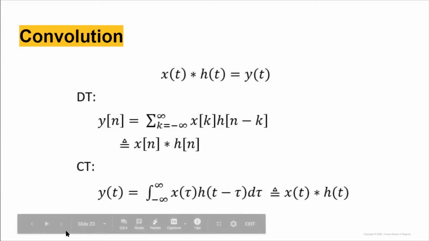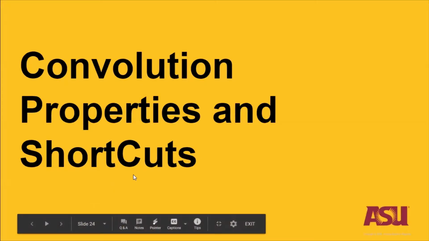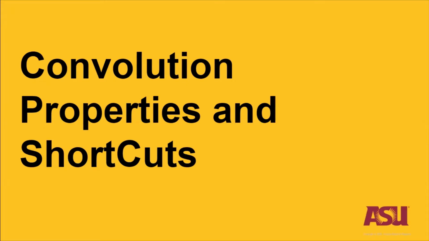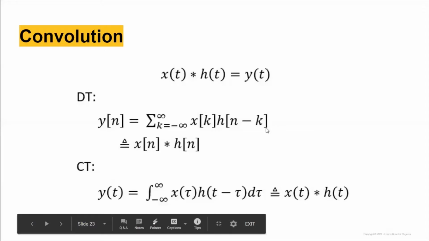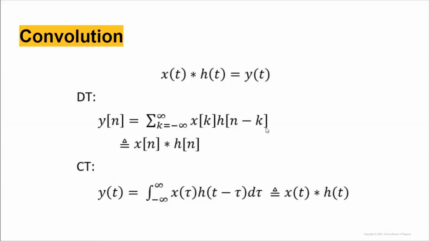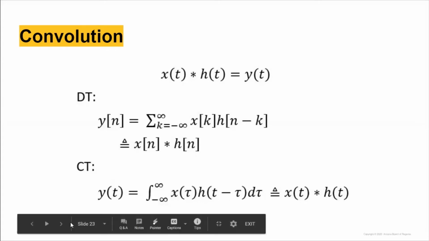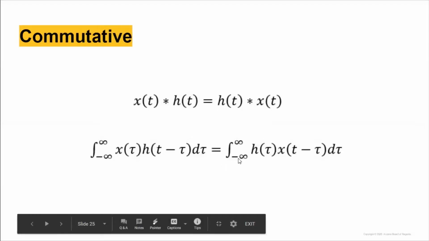Now, I'm not going to go over any harder examples, but I am going to teach some shortcuts. You can always solve a convolution using this method, but that can be a little grindy, a little difficult, and a bit confusing. So there are shortcuts and different properties of convolution that make the process a lot easier and simpler.